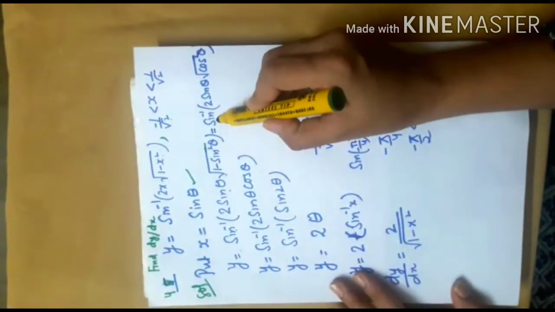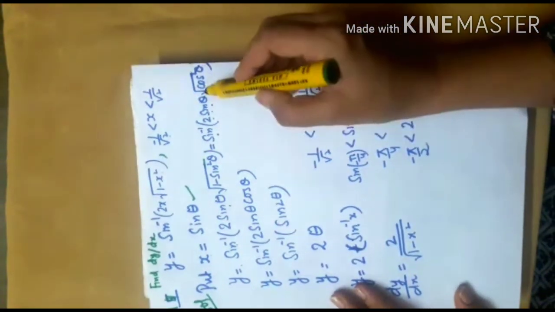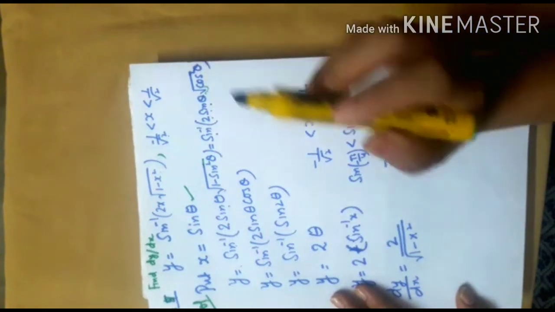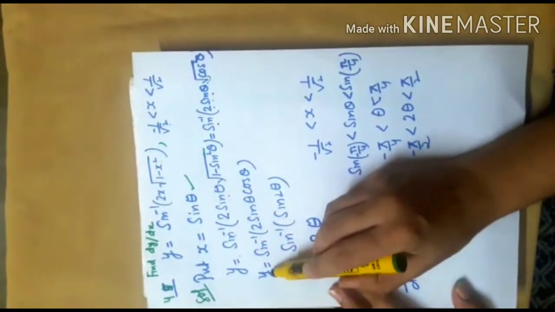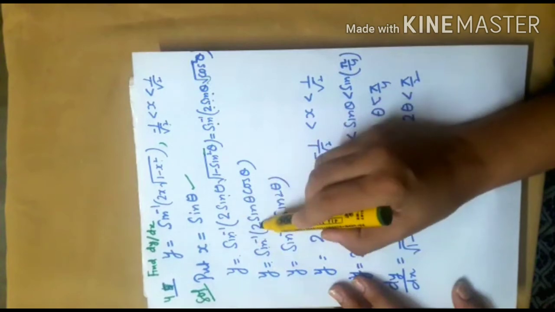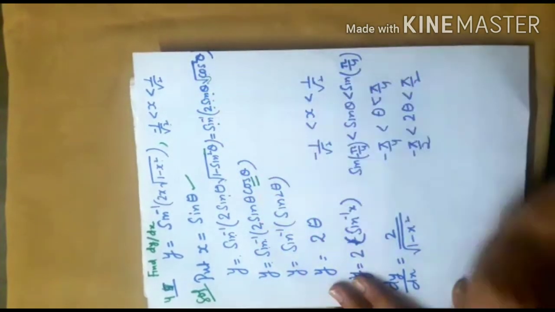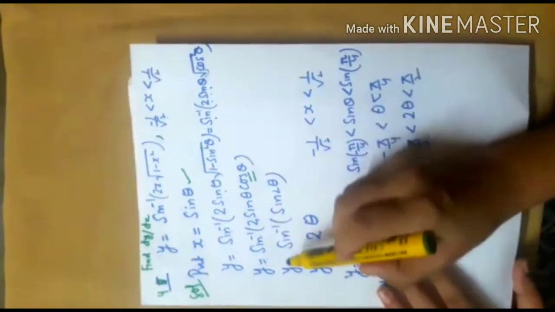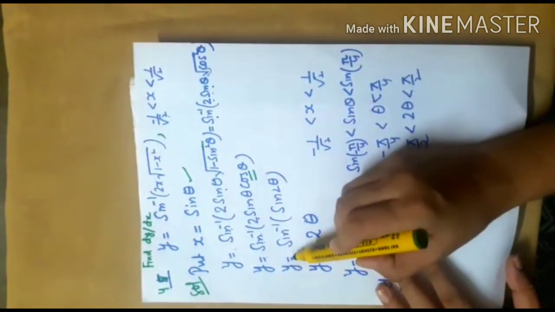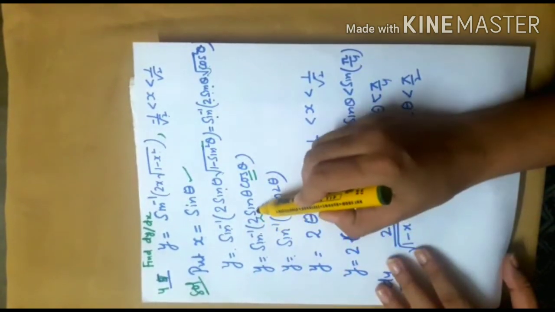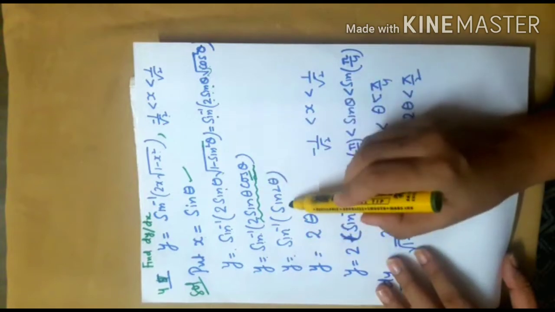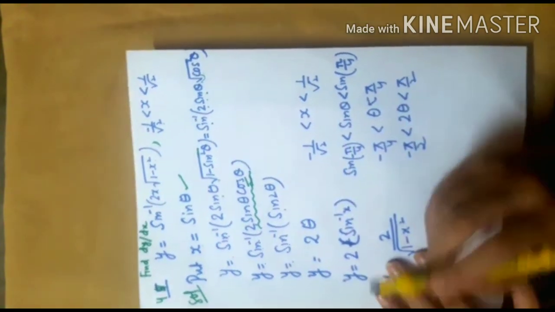So it will be equal to sine inverse of 2 sine theta square root of cos square theta. So I'll get y equals sine inverse of 2 sine theta cos theta. So y is equal to sine inverse. Yes, 2 sine theta cos theta is sine 2 theta.